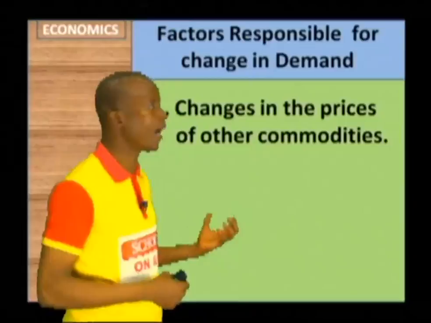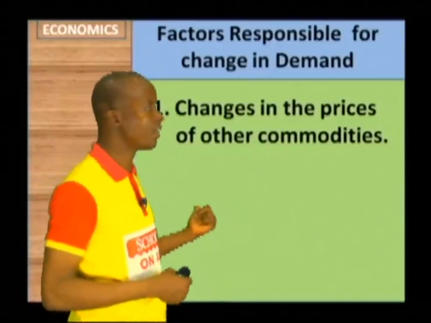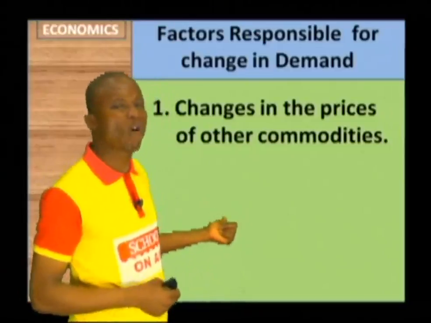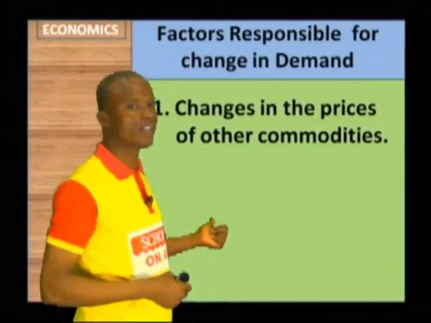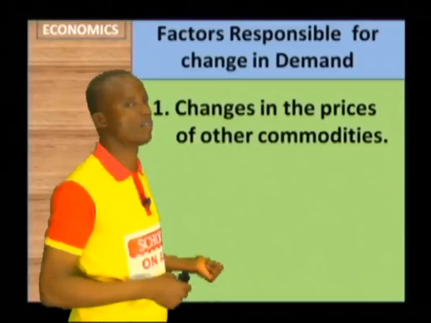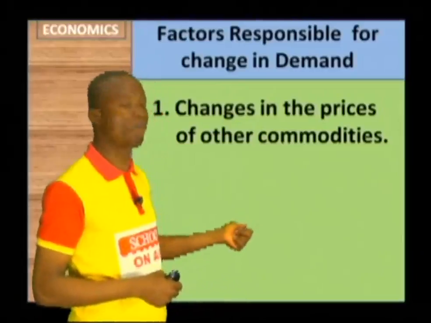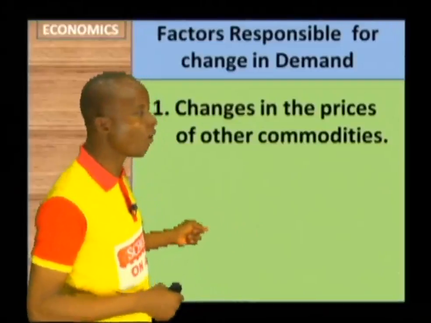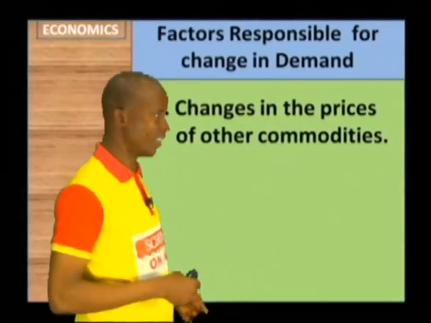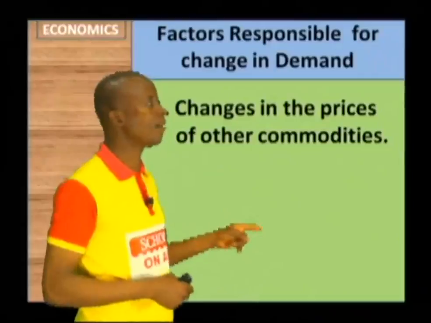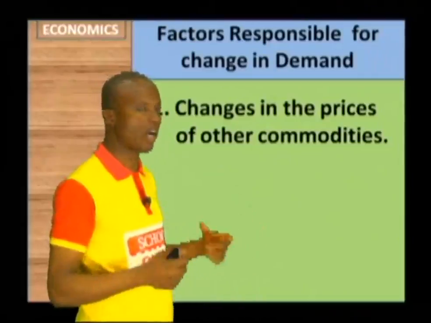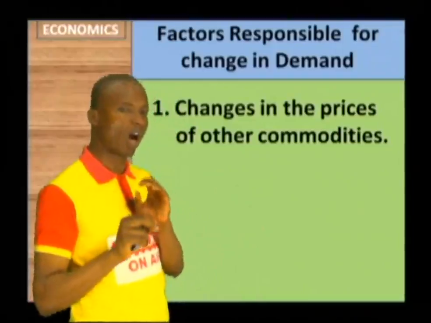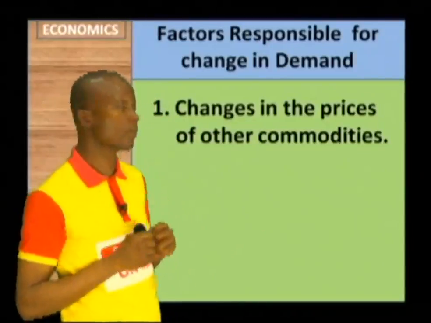Now, let's take fish and beef. If the price of fish reduces, the quantity demanded of beef will reduce. I come again. If the price of fish reduces, quantity demanded of beef will reduce. How do I mean? Beef and fish are, as it were, alternatives to one another.